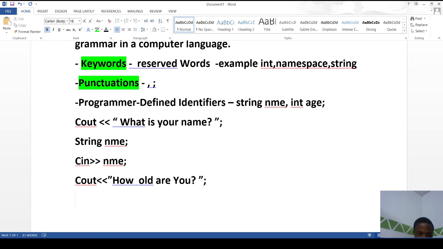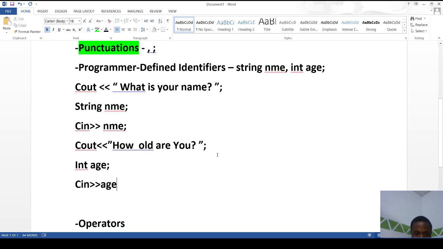So I need to terminate this, and then I need to accept whatever the answer is. You are not there to instruct the person. As a programmer, what I'm expecting my client to enter for me is an integer. So we just start by saying int. What should I use? I'll use AGE, and then we just do cin and type age. So this is a computer language we have learned, and these are programmer-defined identifiers.